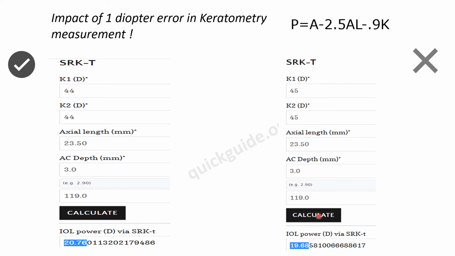We calculate the IOL power, and now the IOL power is 19.68. So there is a difference of more than 1 diopter when we are wrong in our corneal reading by one diopter. In other words, for every one diopter of error in corneal reading, the calculation of IOL power will be off by more than one diopter, as per the SRK formula.